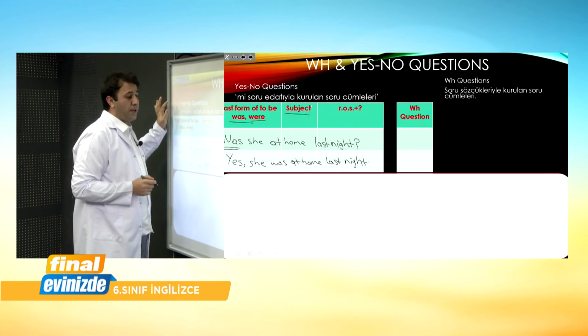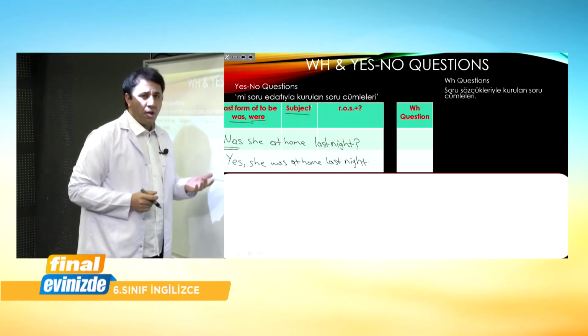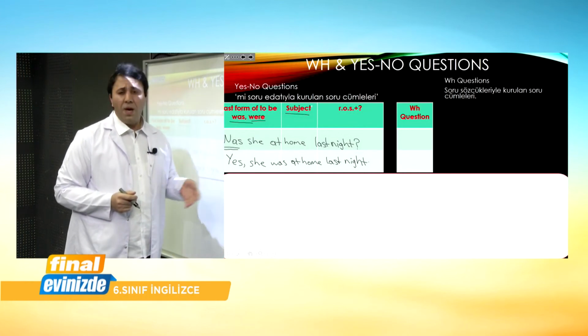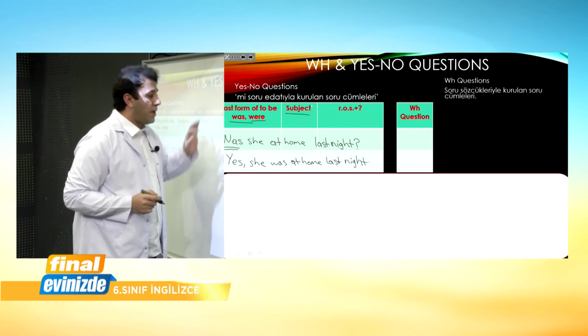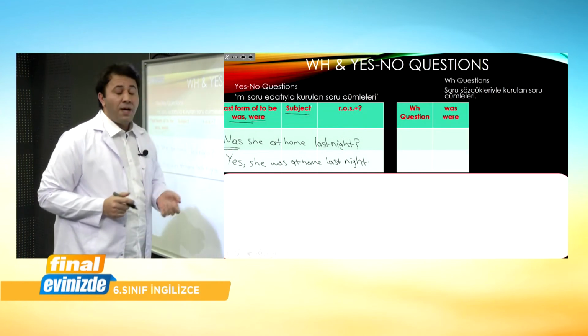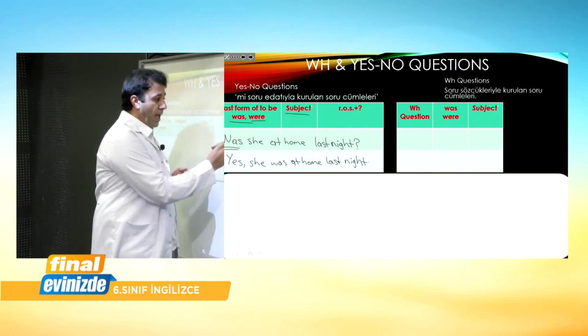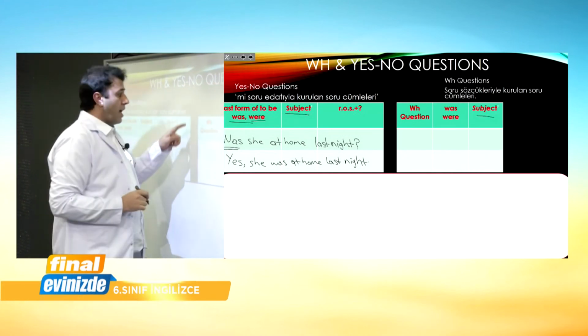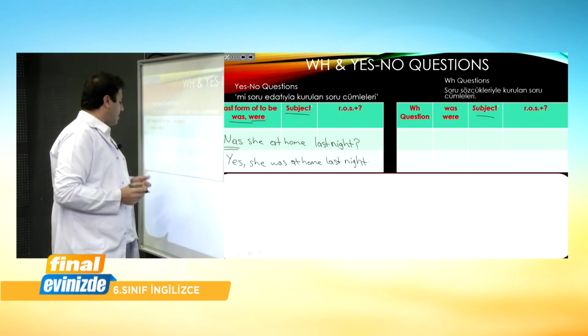If you want to build a WH question, first you need to bring your WH question word. You can say where, when, how much, how many. It's up to you. All right? Then you need to bring was and were to be, and then you need to bring again the subject, and after that you need to put the rest of the sentence. Okay, let me use this sentence.